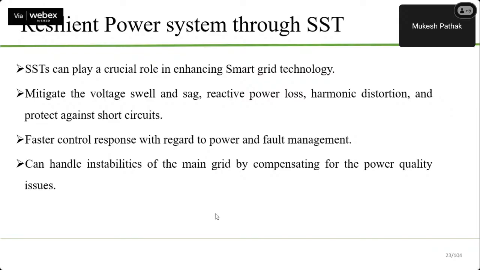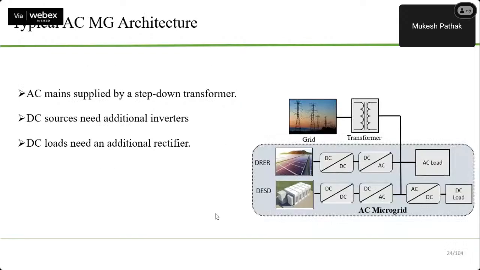This is a protection because of the control of converters. You have another stage, an inner layer of protection. It offers faster control response to fault management, and can handle the instabilities of the main grid by compensating for the power quality.